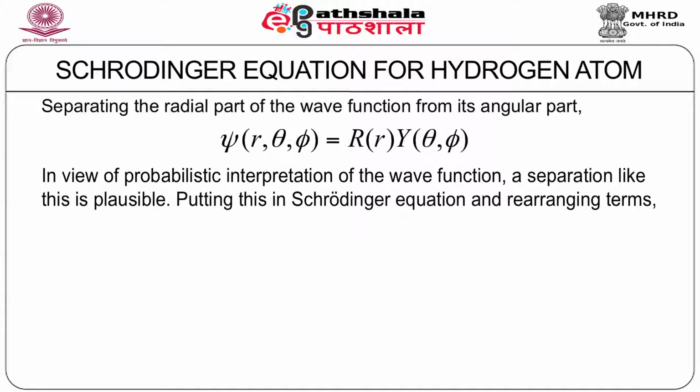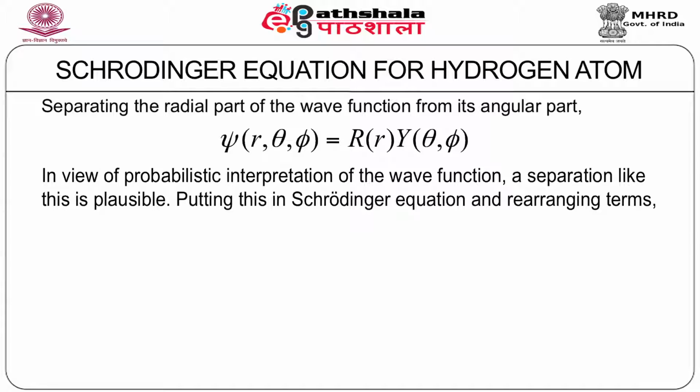And if you want to find out the probability of observing the particle at a particular point on the sphere, then you have to multiply it by Y squared. R squared times Y squared, that is psi squared, will give you the probability of observing the electron at a given point on the sphere.